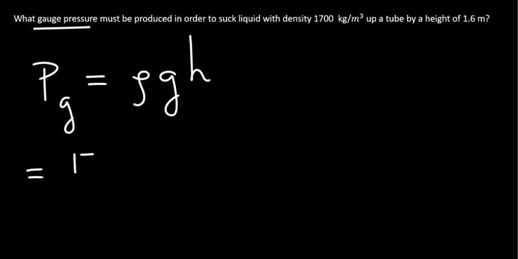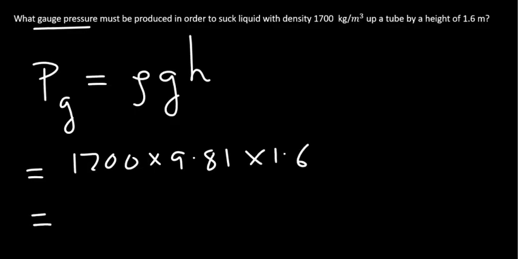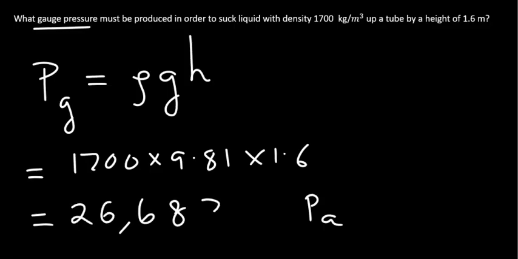The density is given to be 1700 kg per cubic meter. Gravity is 9.81 meter per second squared, and the height is 1.6 meter. And that will give you the answer for pressure in the unit of pascals. The answer is about 26,683 Pascal. As simple as that.